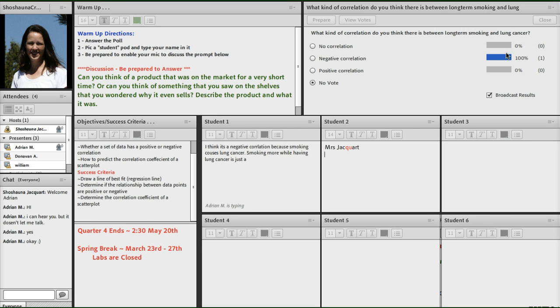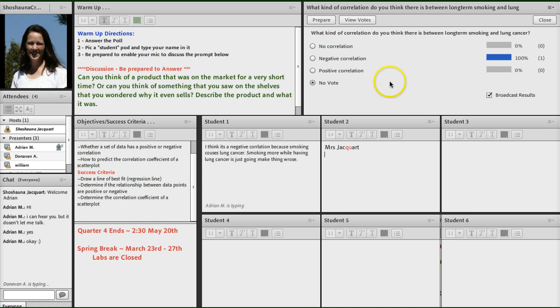So hi, Donovan. What we were talking about is the correlation between long-term smoking and lung cancer. If you want to just quickly answer the poll and then state why you picked your answer. I looked out there and I didn't see you, but it doesn't mean that you weren't there. So anyway. I wasn't off. Okay, that makes me feel better that I didn't totally overlook you.